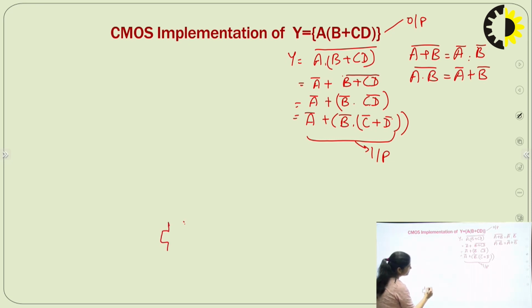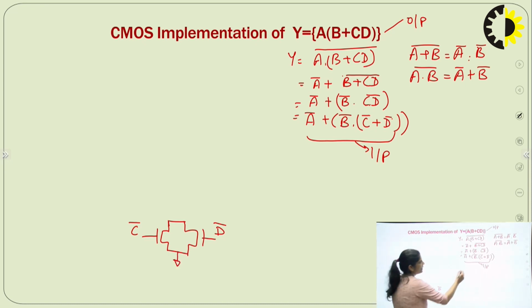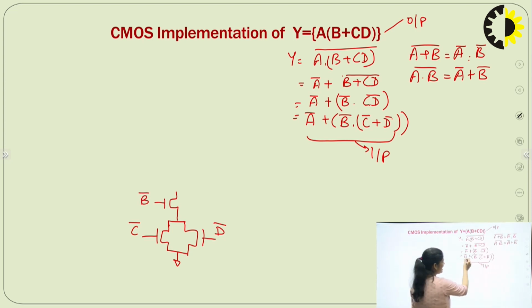C bar and D bar are connected in parallel. And B bar is connected in series with this circuit of C bar and D bar. So B bar is connected in series. And A bar plus, it means A bar is parallel with this circuit.